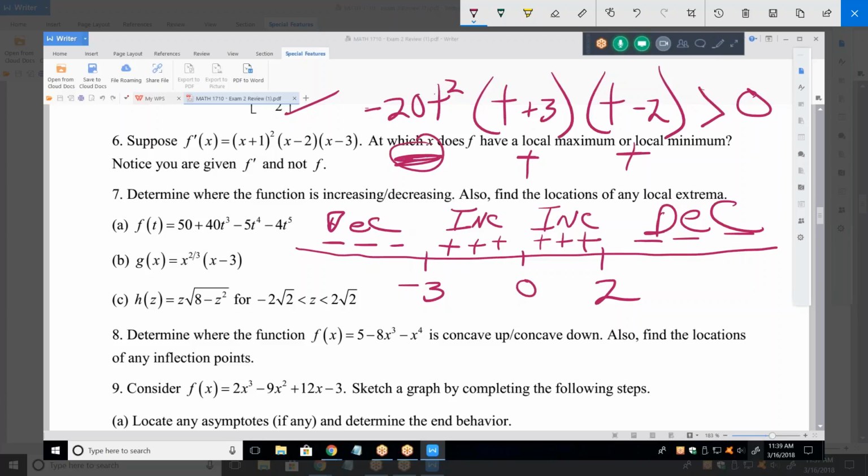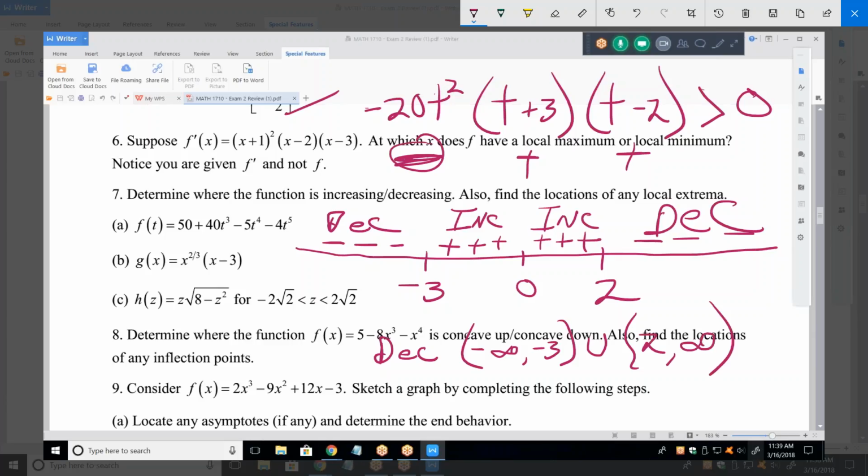Let me look. Here's what I think their answer is going to be in the book. It's decreasing from -infinity to -3 in union with 2 to positive infinity.